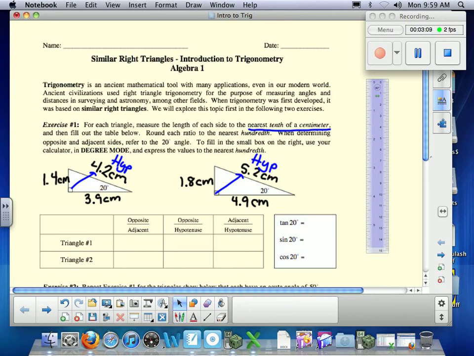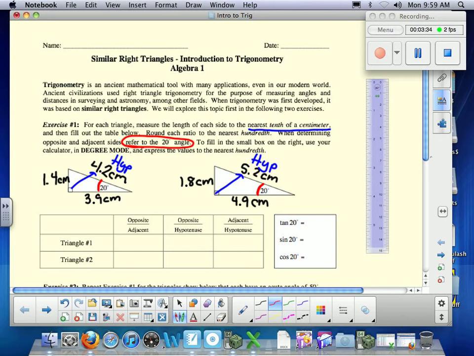We are supposed to use this skinny angle over here for what we call a reference angle, the one we're looking at or trying to find information about. When we do these problems, it will tell you in the problem what angle to use. It tells me right here to refer to the 20-degree angle.